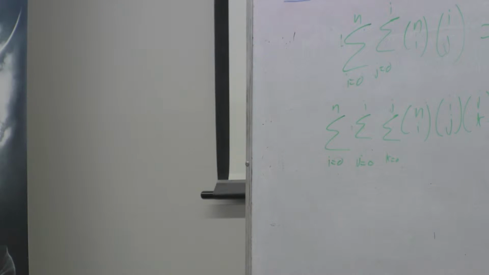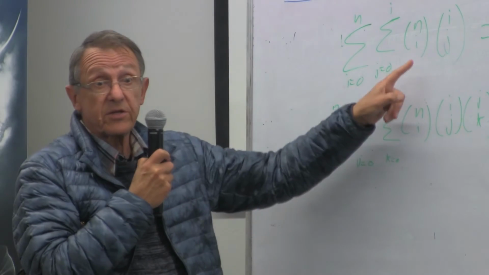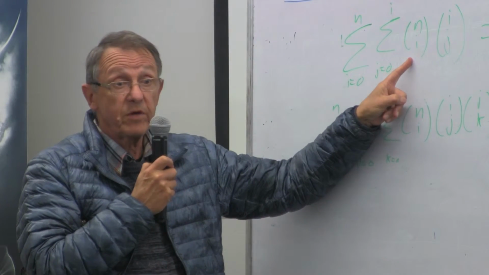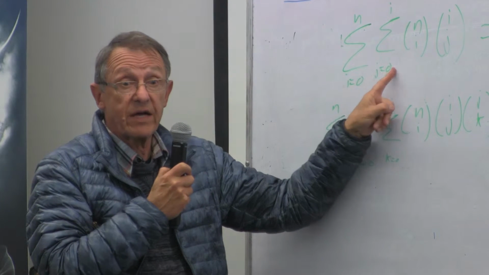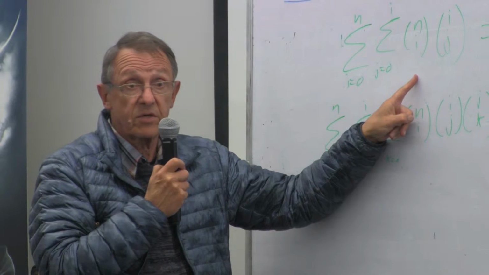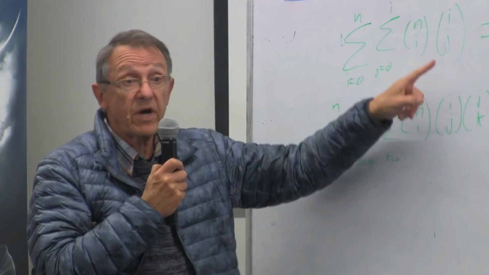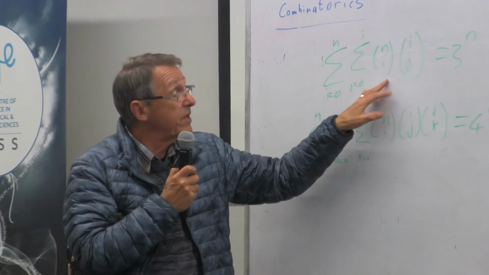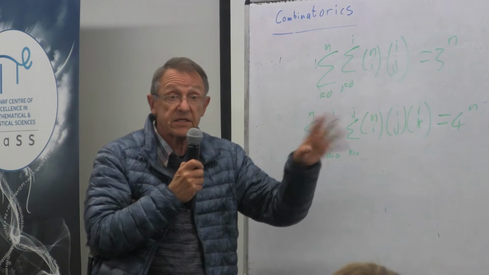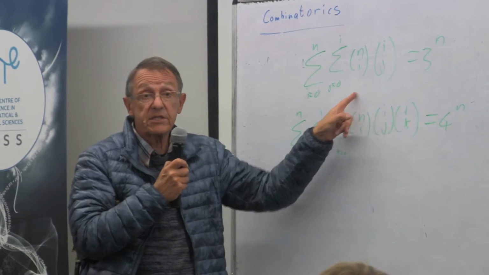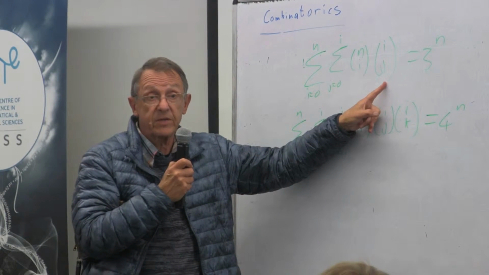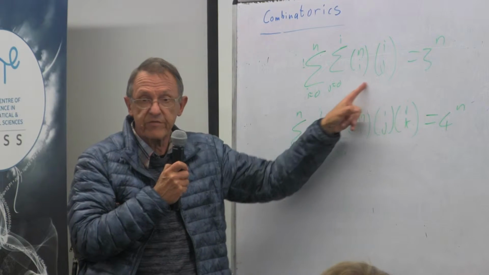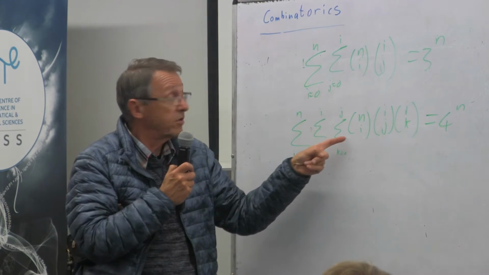Can I interfere again? Yes, please. If you work out this product, remember how we had a formula for this as n factorial over I factorial n minus I factorial. Then if you write out each of these, multiply them together, something cancels, and you'll see that this is in fact just your trinomial coefficient, or multinomial coefficient.